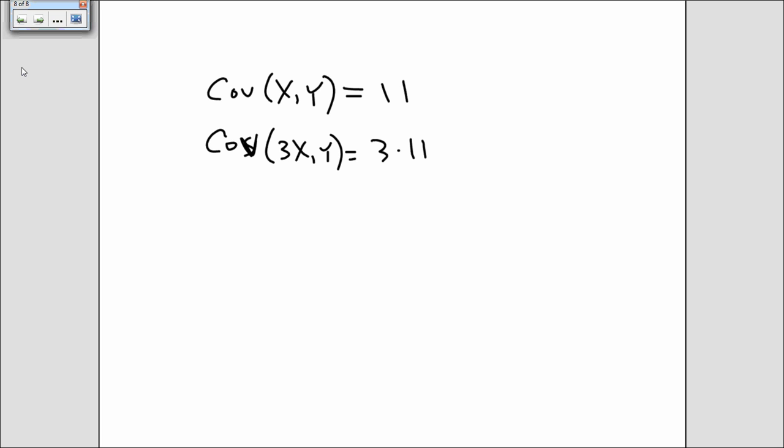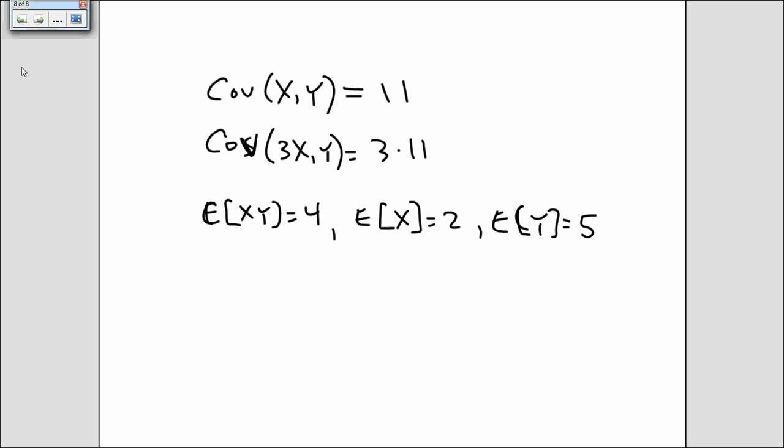Okay, if you were told that E of XY is 4, and E of X is 2, and E of Y is 5, what is the covariance of 5X comma Y?